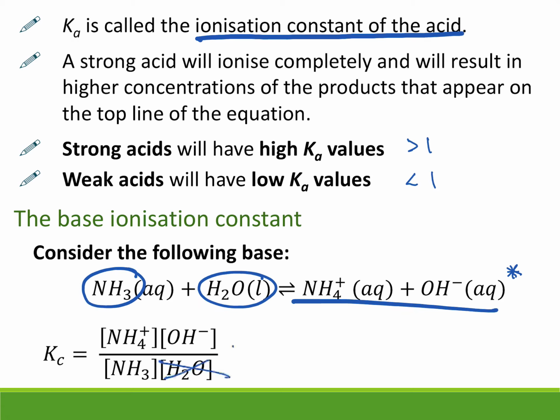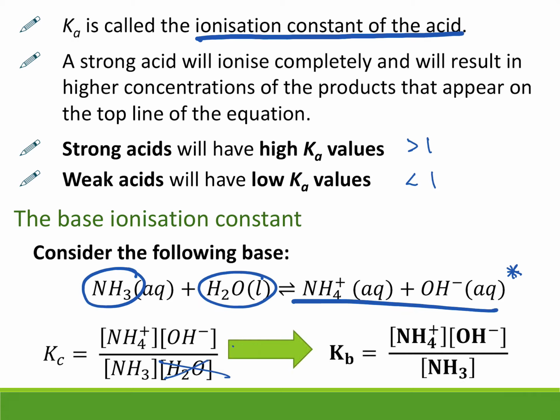We don't need the water because the water is a pure liquid, so we don't put it in. And then that gives us NH4+ and OH- over NH3. Once again, now we're changing a little bit. We've got now a Kb instead of a Kc because we're looking at the equilibrium constant with regards to the base as it dissociates or ionizes in water.